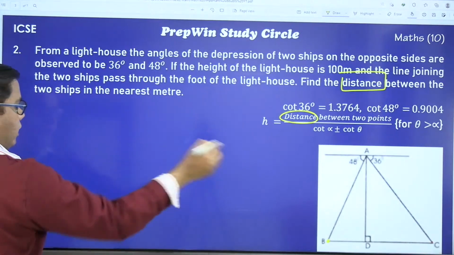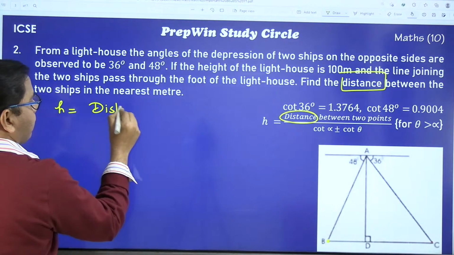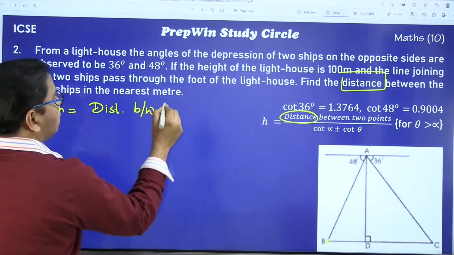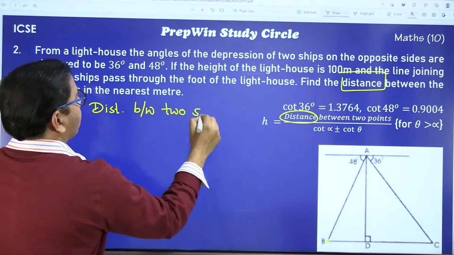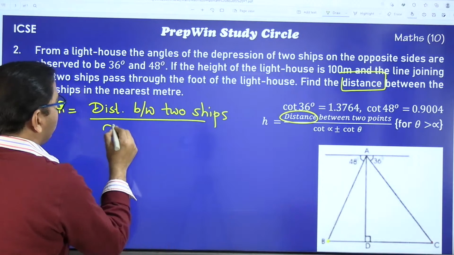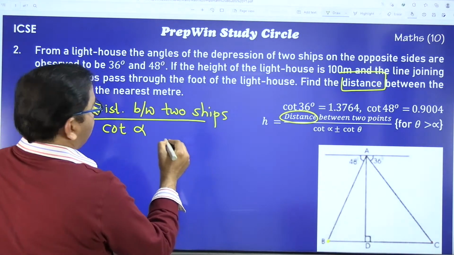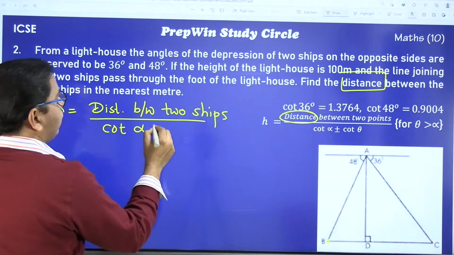So if we use this formula, h is equal to what? Distance between two ships upon, which formula are we going to use, cot alpha plus or minus cot theta?